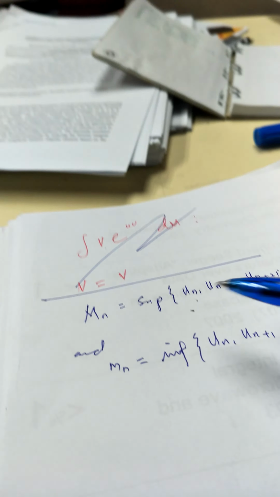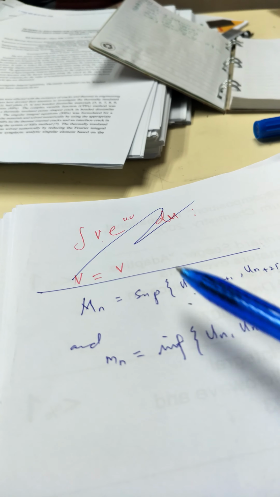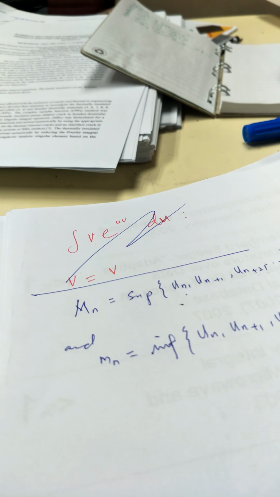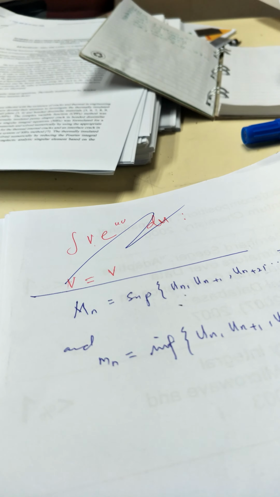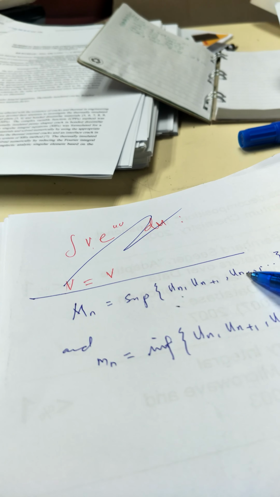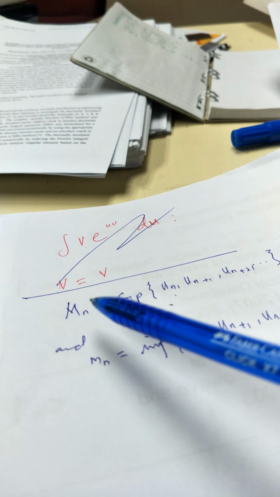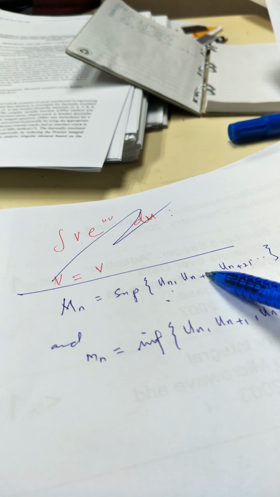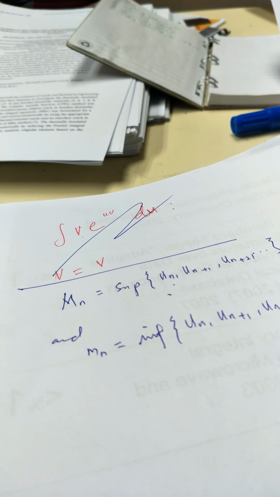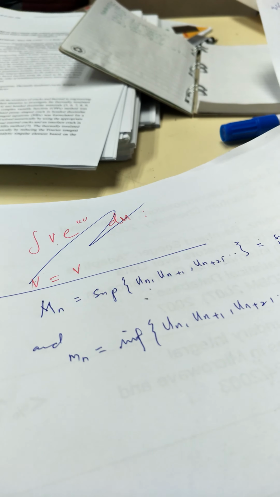So for these two cases, if a sequence u_n is bounded and monotone, either increasing or decreasing, then the limit exists.